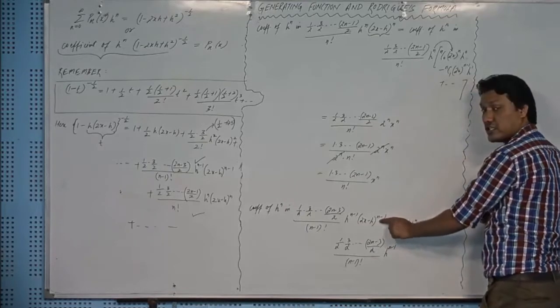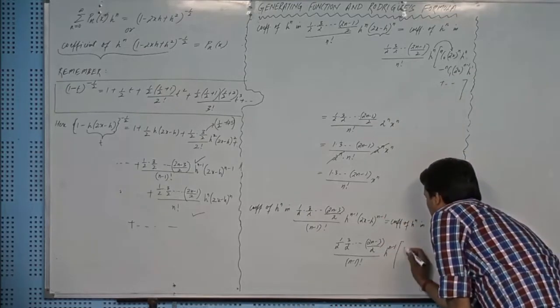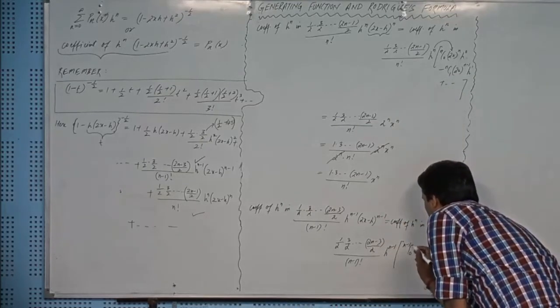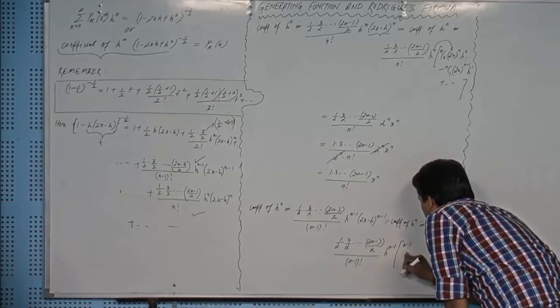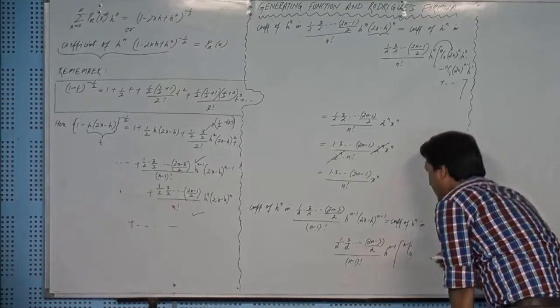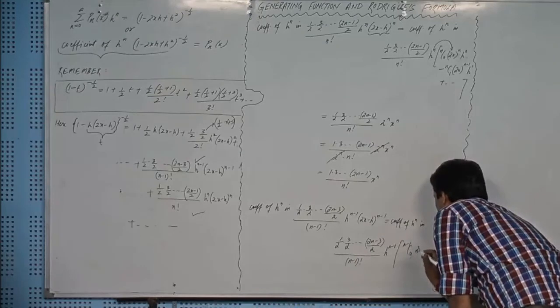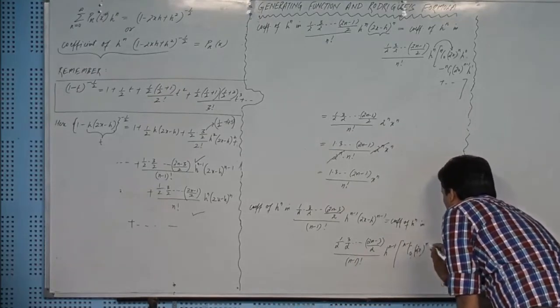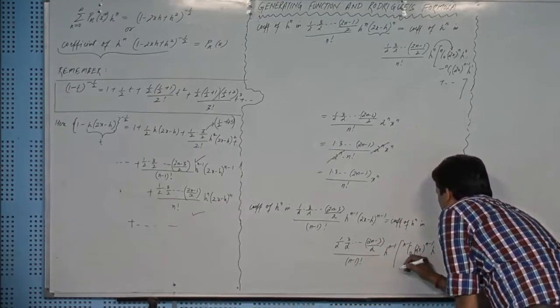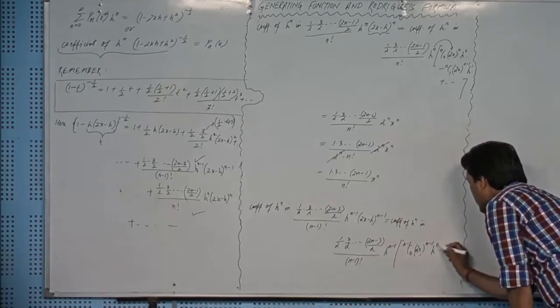and you can see that 2x minus h whole to the power n minus 1, the exponent is n minus 1, so we will start with n minus 1 c0, and 2x to the power this minus this, that will be n minus 1, h to the power this lower suffix, that is 0, right?